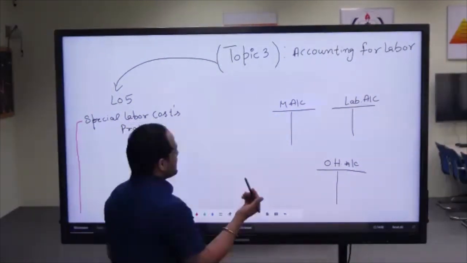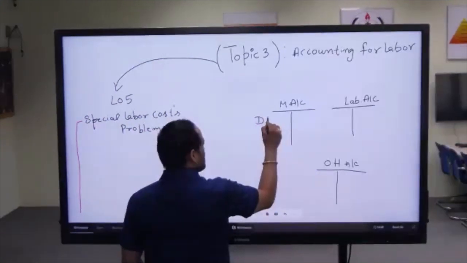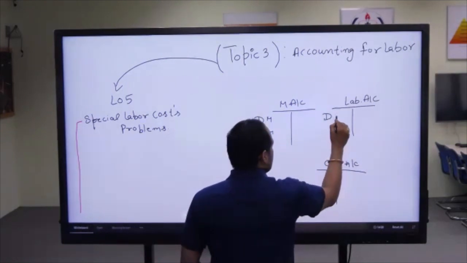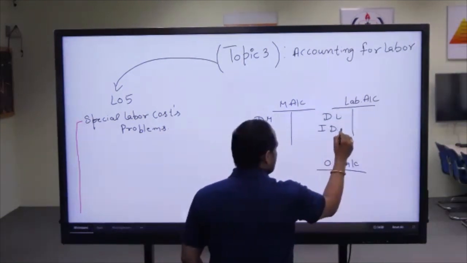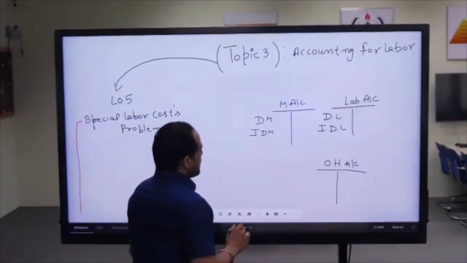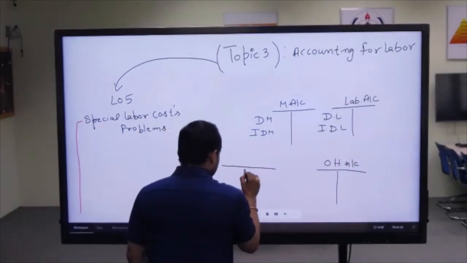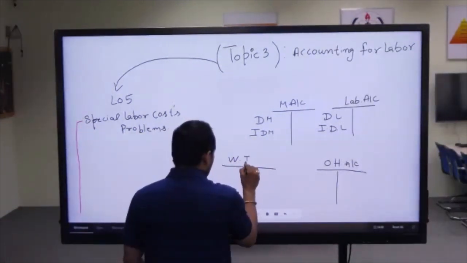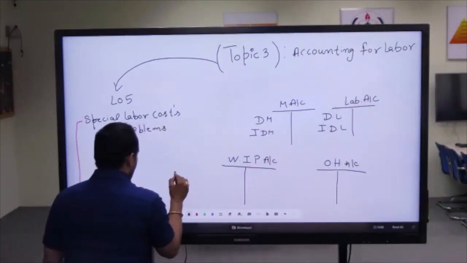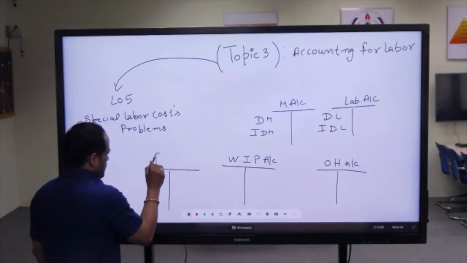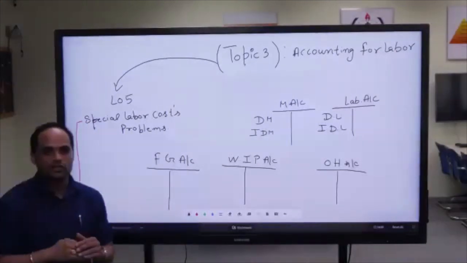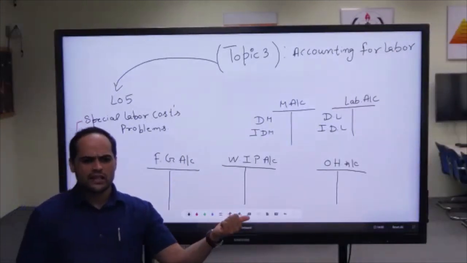So in material accounts, we have, of course, direct material, we have indirect material. In labor, we have direct labor, we have indirect labor. All right. So remember that work in process accounts, and then we have finished goods accounts. Right?